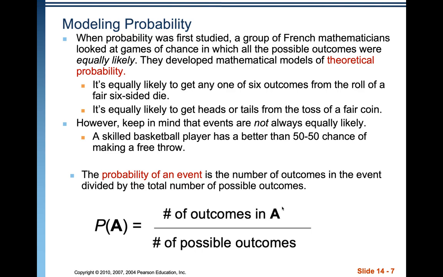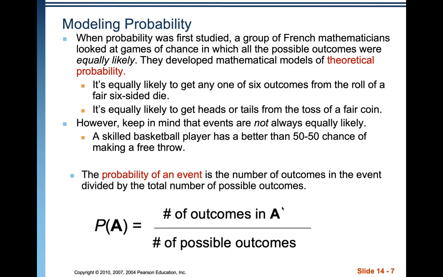They started off with games in which all possible outcomes were equally likely. For instance, anything involving rolling a single fair six-sided die: you are equally likely to get any one of six outcomes: 1, 2, 3, 4, 5, 6.